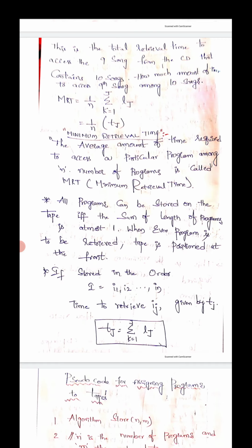So the mean retrieval time is assigned to be 1 by n times the summation of k equal to 1 up to j of L suffix k. In place of that summation, we denote it as T suffix j.